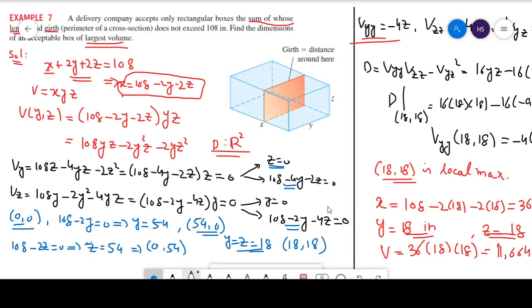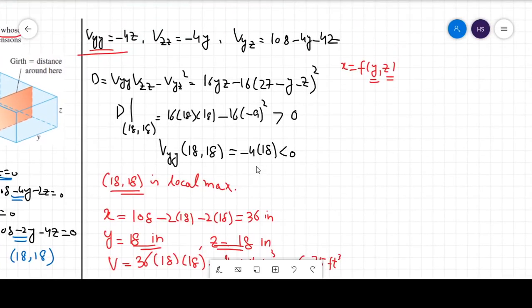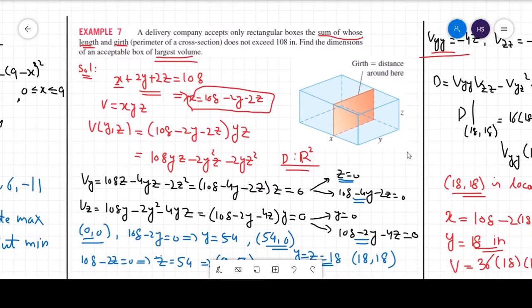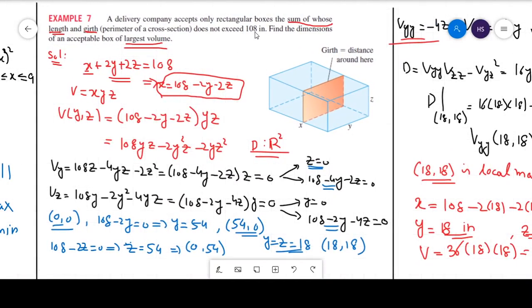So these are the acceptable dimensions: x equal to 36, y equal to 18, and z equal to 18. If you plug back into the volume xyz, that gives you 11,664 cubic inches. If you convert it into cubic feet, you get 6.75 cubic feet. So this is the largest possible volume of a box whose sum of length and girth does not exceed 108 inches.